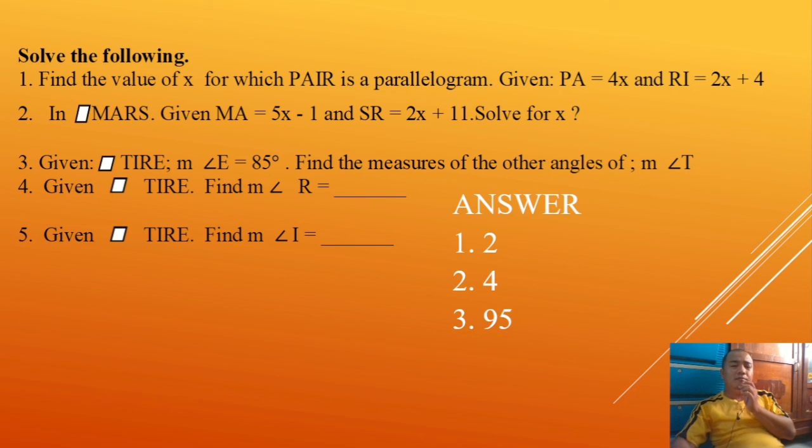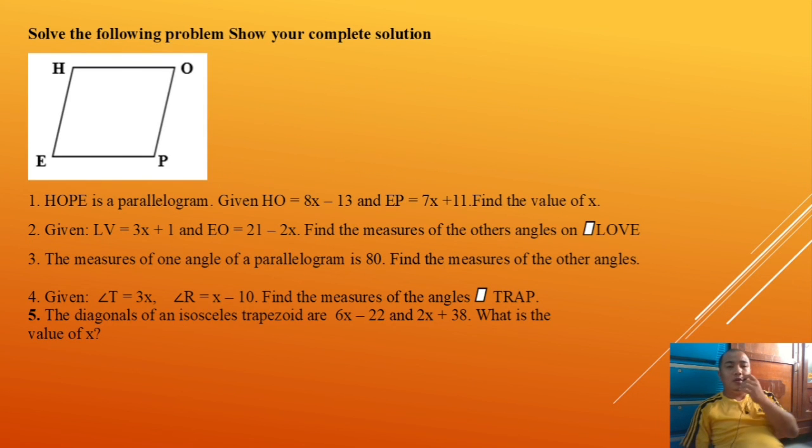Angle R. Wait, ano ba yung angle T? TIRE. 95 din. Pero yung angle E ay 85 degrees. Yan. Opposite angles of a parallelogram are equal. Consecutive angles are supplementary.